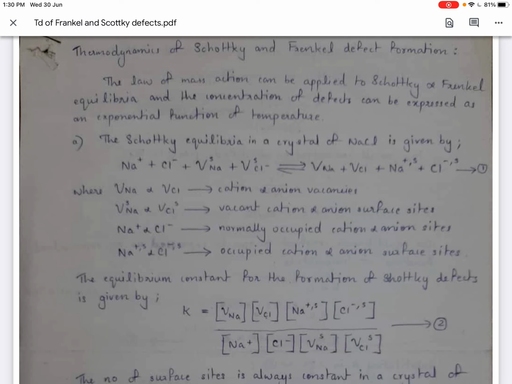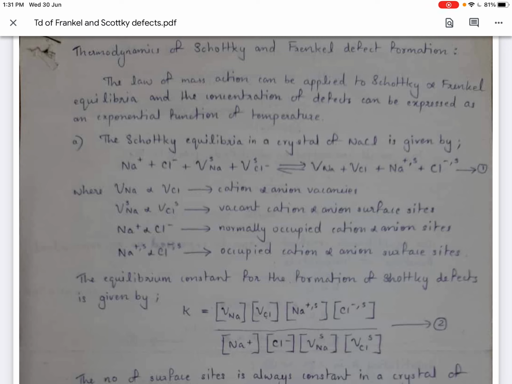VS(Na) and VS(Cl) are the vacant cation and anion surface sites. Na+ and Cl- are the normally occupied cation and anion sites. Na+(S) and Cl-(S) are the occupied cation and anion surface sites.